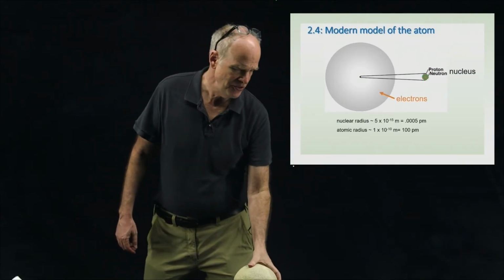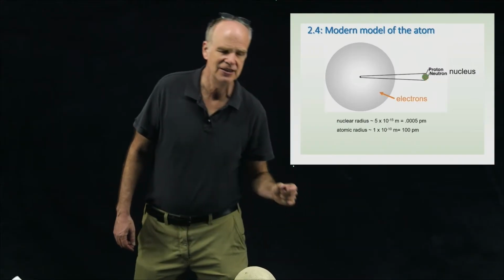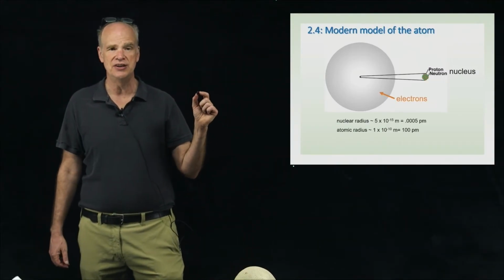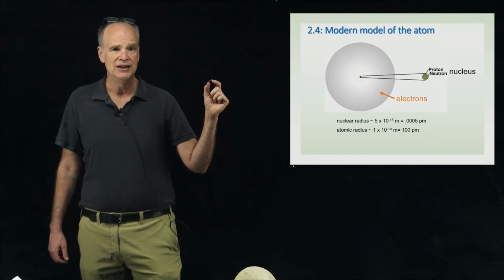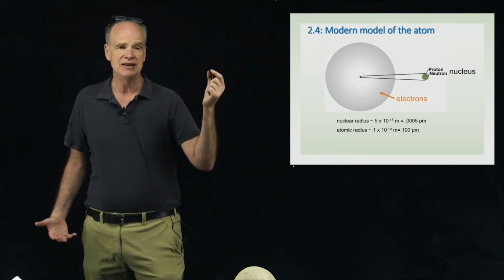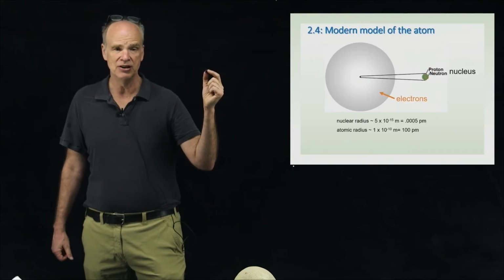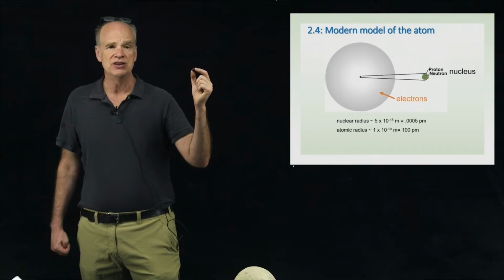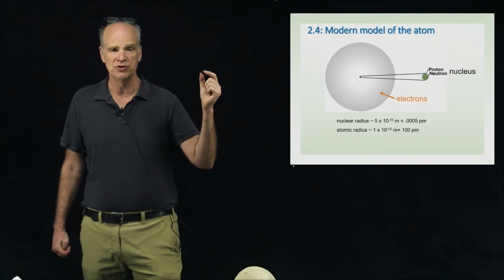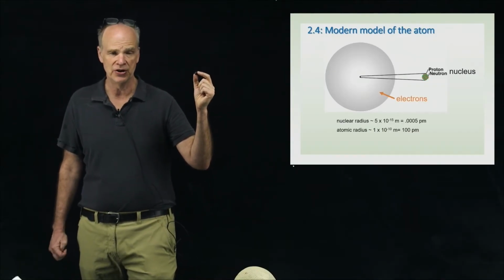Now, another thing to sort of understand is how small the nucleus is compared to the size of the rest of the atom. And so again, here's my blueberry here. In an atom the size of a blueberry, there's going to be a small nucleus in there. So if you were to even use the most powerful microscope available, you would not be able to see the nucleus. It's very small.